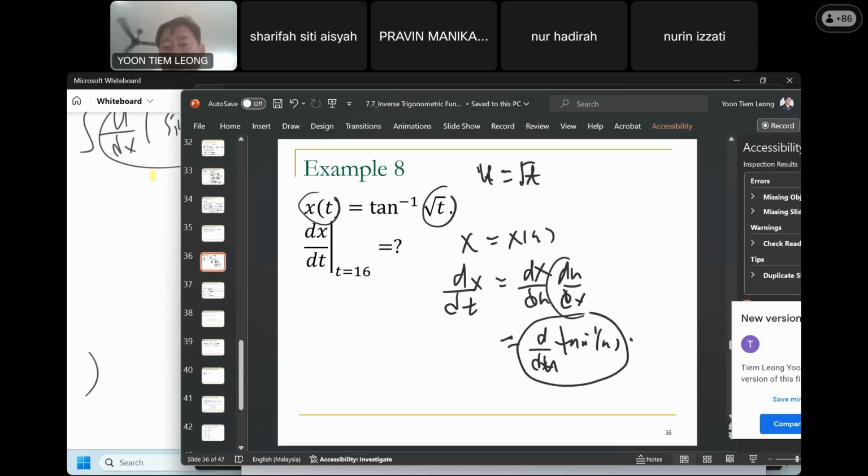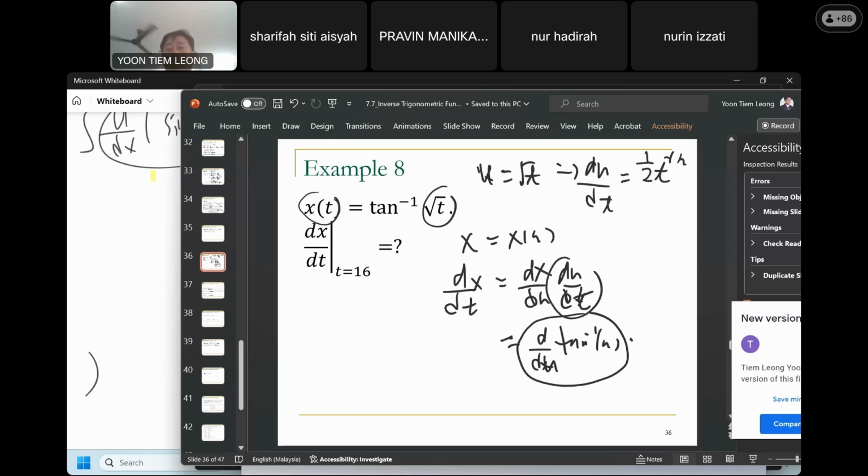Then you have this du/dt, not du/dx. So here this is du/dt. It is just t to the power of minus half with a factor of half.